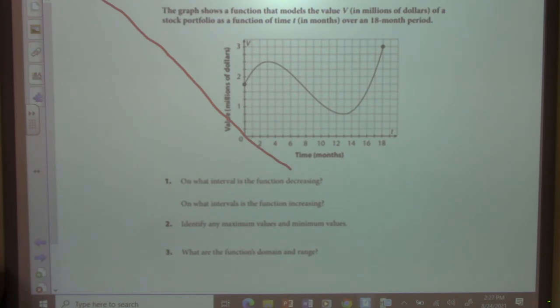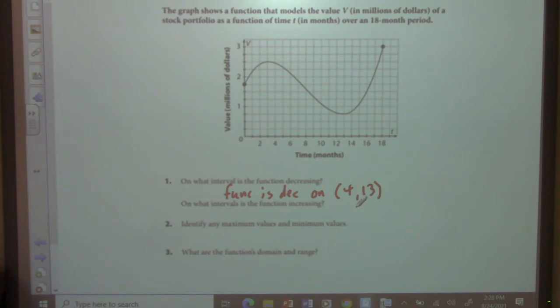So on what interval is the function decreasing? The function is decreasing from t equals 4 all the way to where t equals 13.